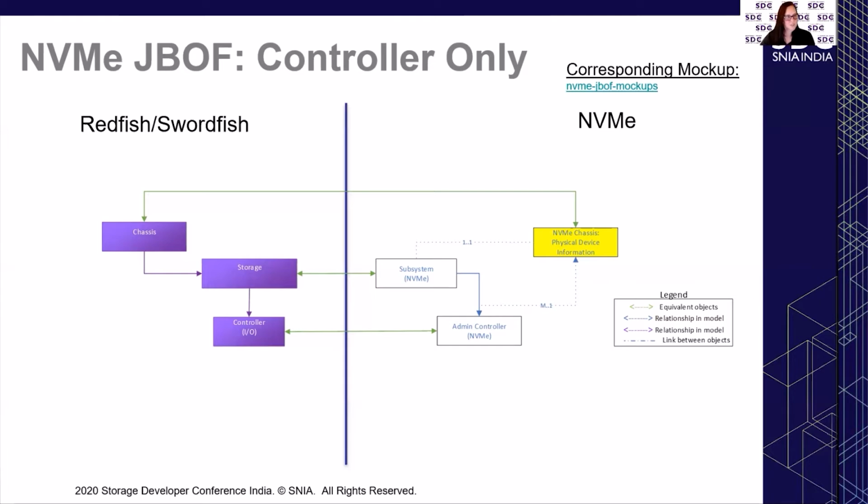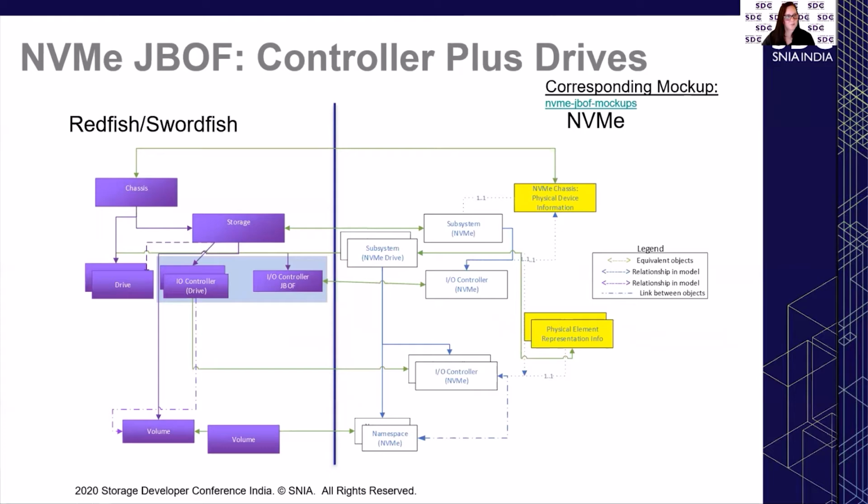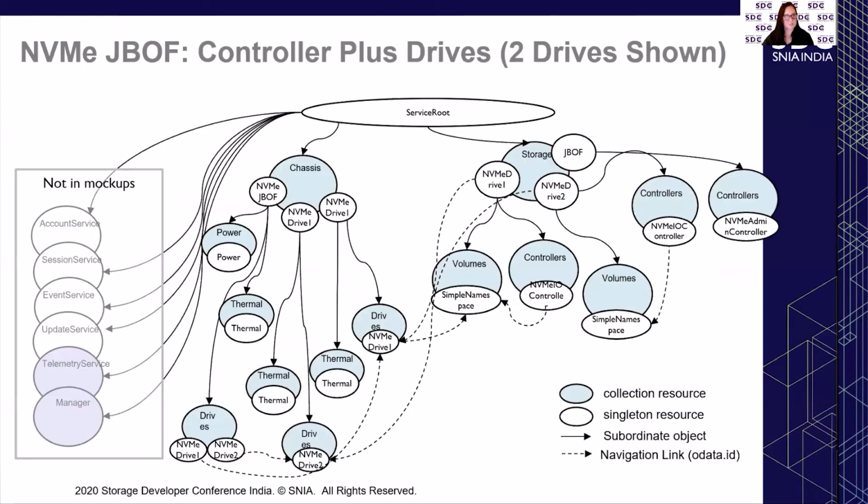So you end up with just storage and an admin controller reflected here. Then, when you want to reflect the entire system, you start populating in a number of drives. That's where the namespaces come in, and you just get the combined system. So the bubble diagram just gets really busy.